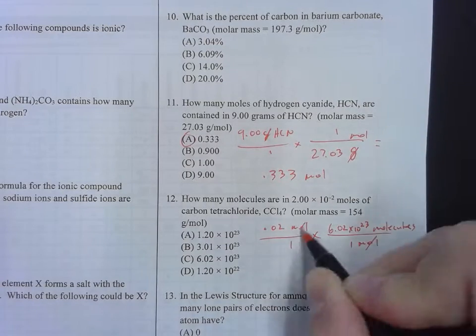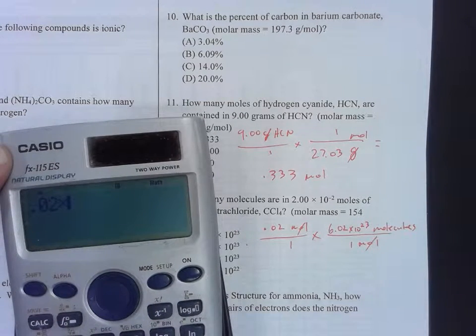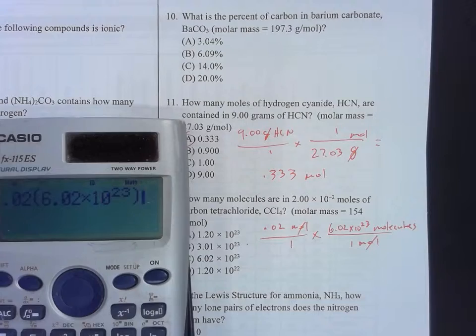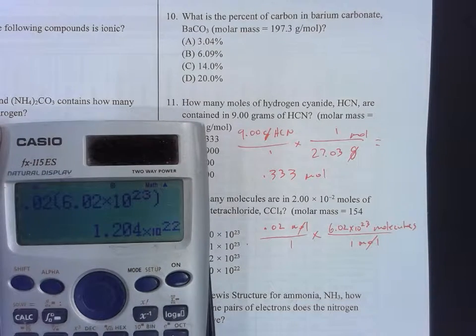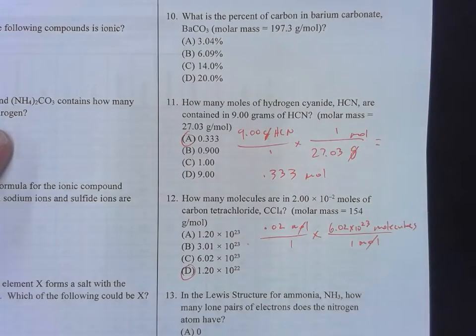So 0.02 times that gives 1.204 times 10 to the 22. There you have it, letter D.